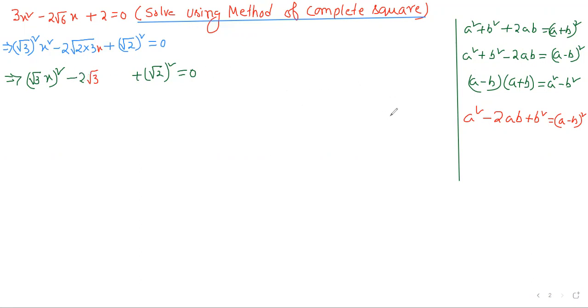Just to compare this equation with this identity. Even if you write root over 2 after 2, there is no issue. So now we also multiply x. This is our a. We have written nothing extra.